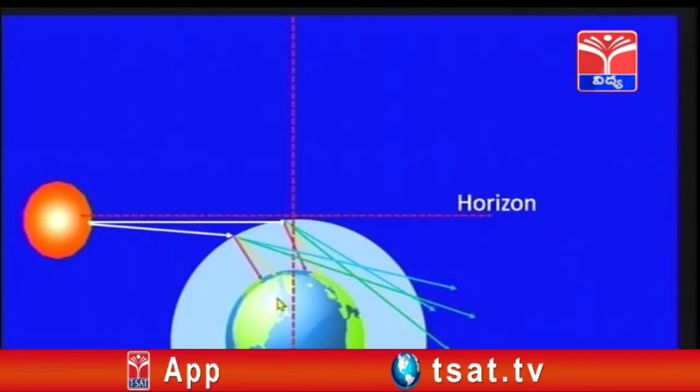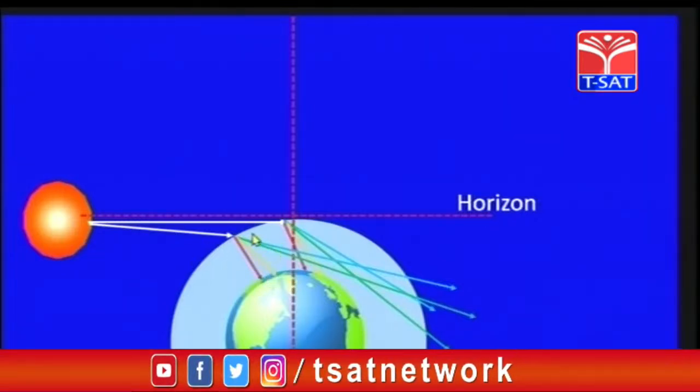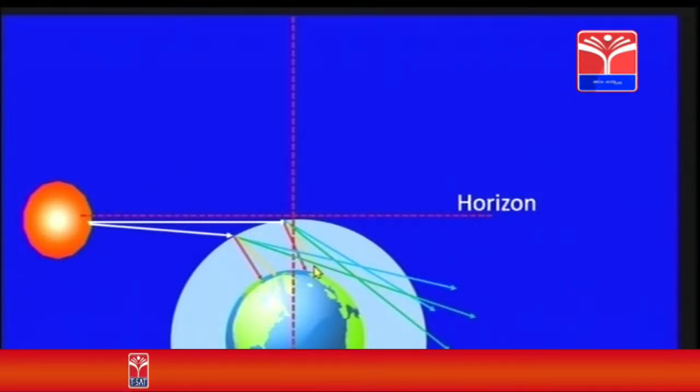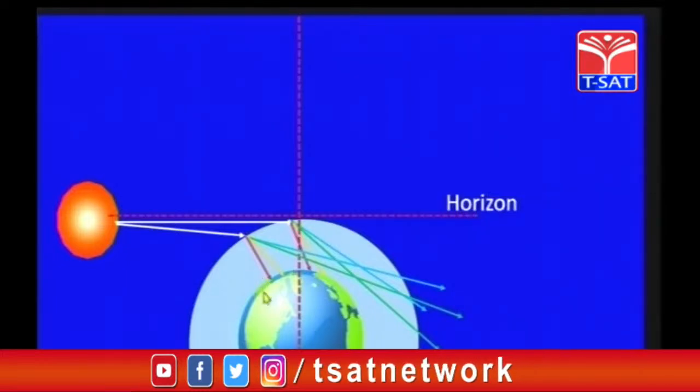So we are receiving only red region wavelengths, that's why the sun appears red in color, and the remaining colors escape from the atmosphere. They are also scattered, but they do not reach our eye. Due to this reason, we are not able to see those colors. We are able to see only the range of red and orange. That's why the sun appears red.